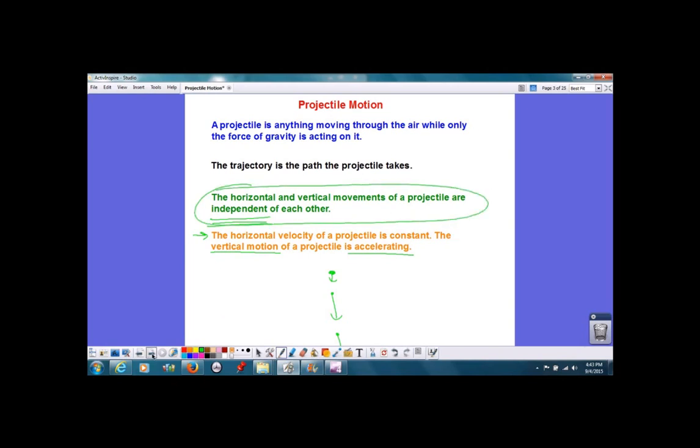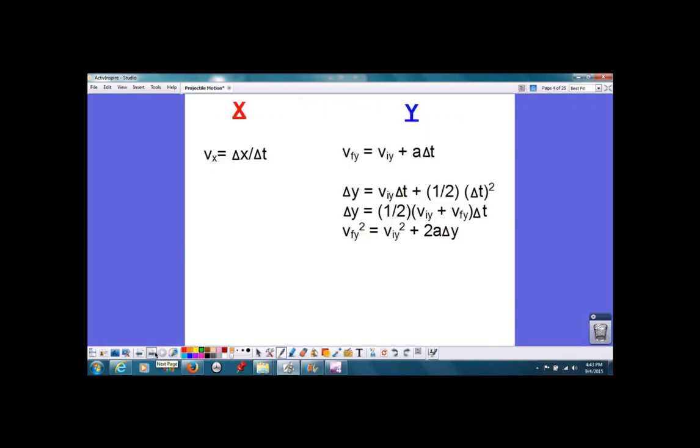That means that when we go to solve, we are going to have equations for the x direction, the horizontal direction, and for the y direction, the vertical direction. Notice the x direction only has one equation. That's because there's no acceleration in the x direction, and therefore we don't need to use any of the equations with acceleration. Also notice that my velocity here has a little subscript x.